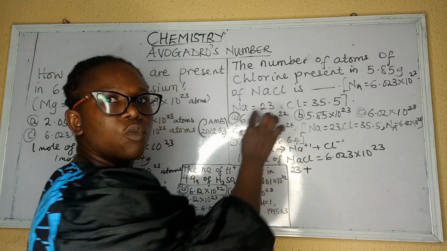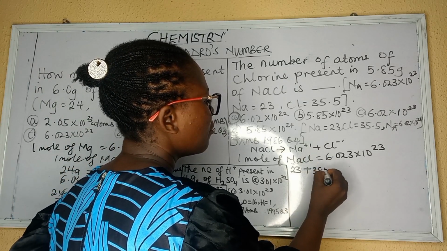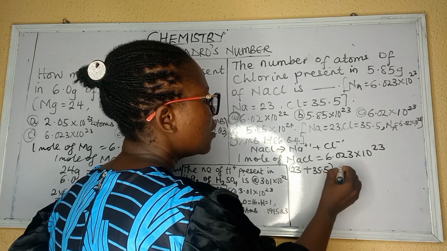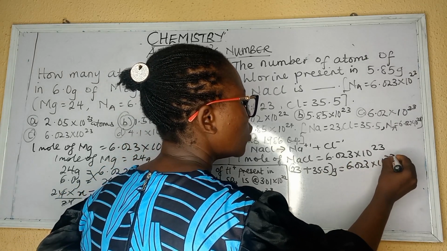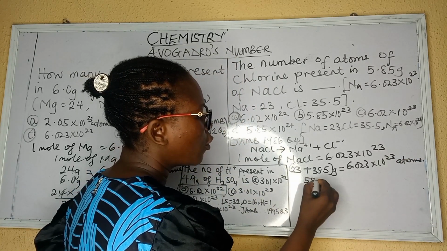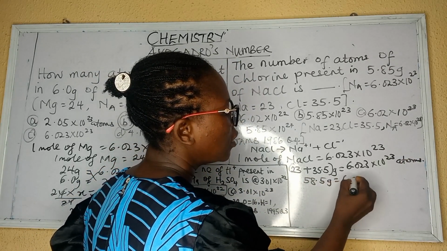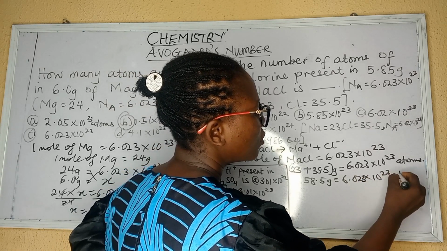It has been given in the question. Chlorine is 35.5. Adding these together, we get 58.5. So 58.5 grams contains 1 mole, which contains 6.023 times 10 raised to the power 23 atoms of chlorine.